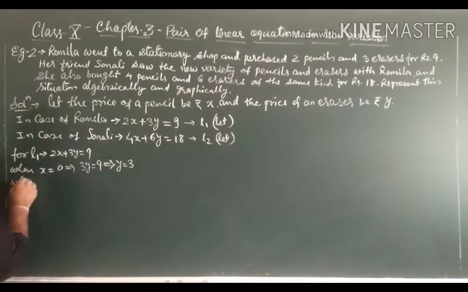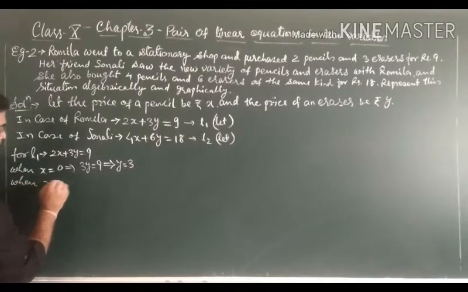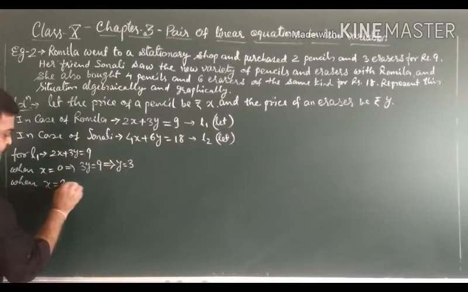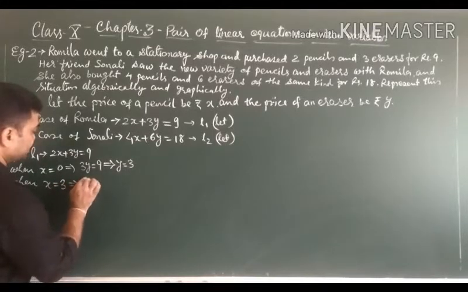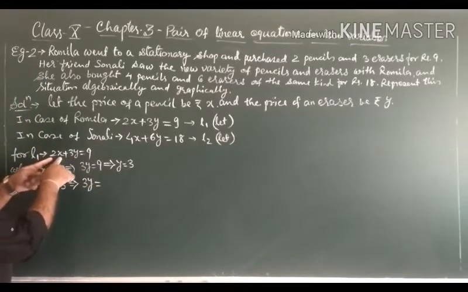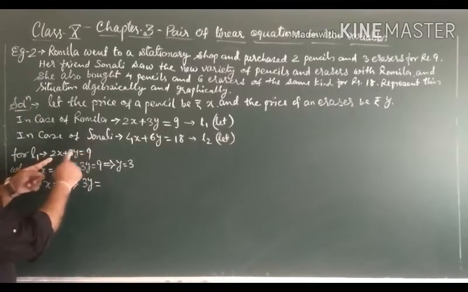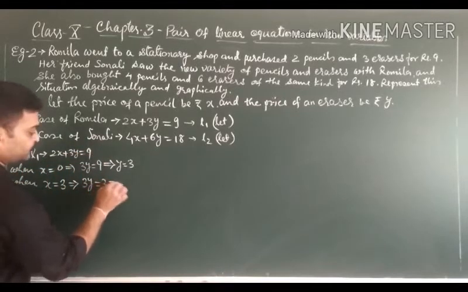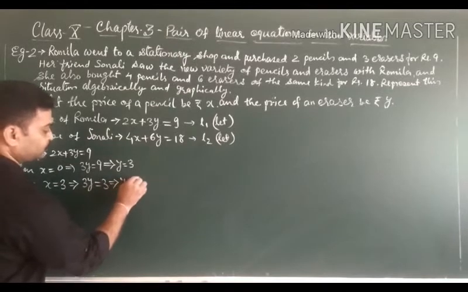And when x is equal to 3, this implies 3y is equal to 9 minus 6. 6 transposed from left hand side to right hand side. So 9 minus 6, that is 3, is equal to 3y. This implies y is equal to 1.